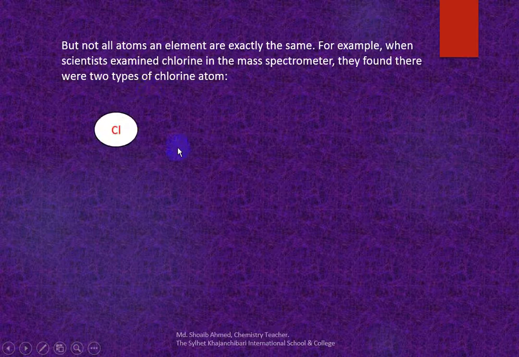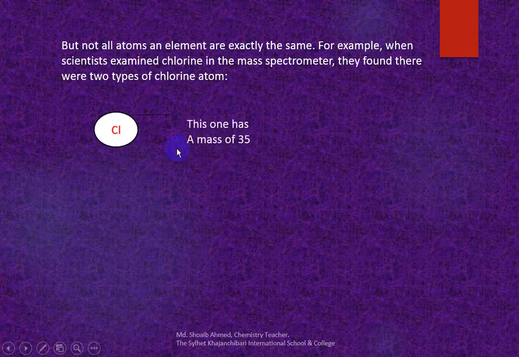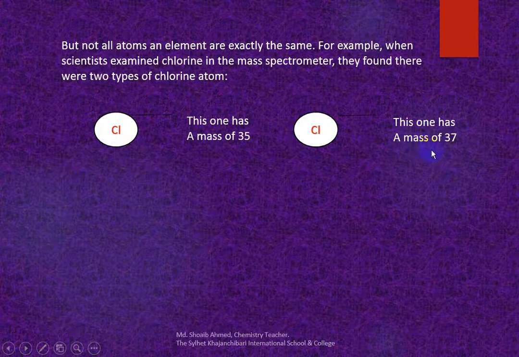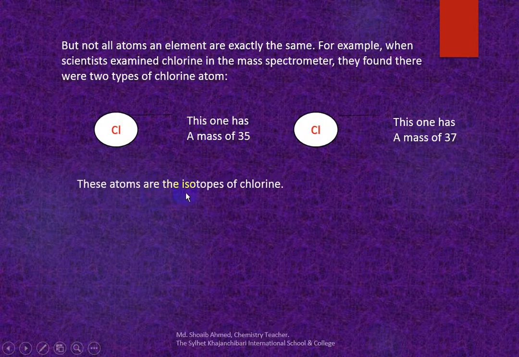This is chlorine-35, its mass is 35, and this other atom has a mass of 37. So these atoms are the isotopes of chlorine.